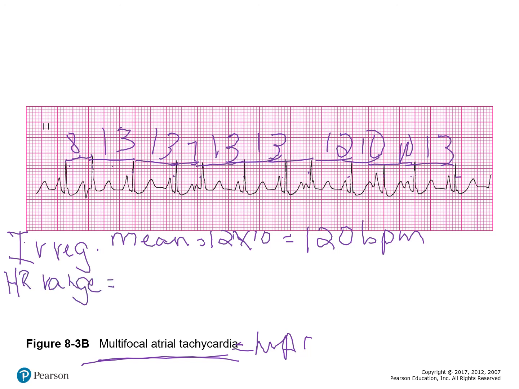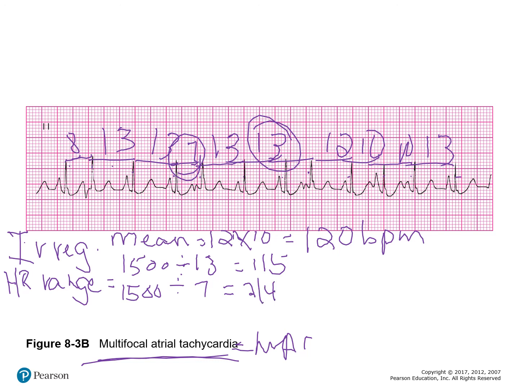In order to find our heart rate range, we're going to take 1500 and divide that by our biggest number, which is 13. We're also going to take 1500 and divide that by our smallest number, which is 7. 1500 divided by 13 gives us 115, and 1500 divided by 7 gives us 214.